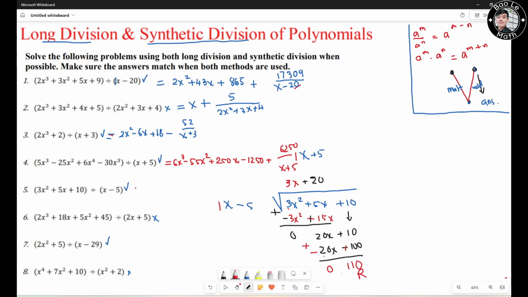So the answer must be the quotient 3s plus 20. The remainder is 110, so it will be plus 110 over s minus 5. Keep in mind, if the remainder is positive, this sign must be positive. If the remainder is negative, you put a negative sign right here.